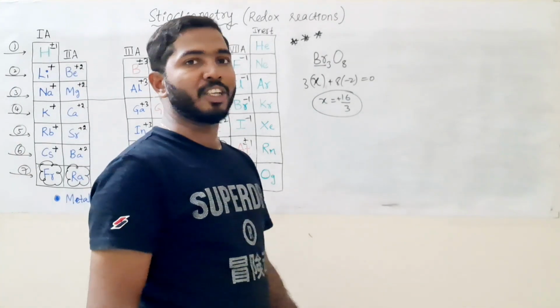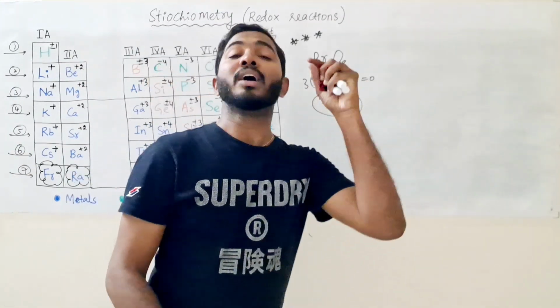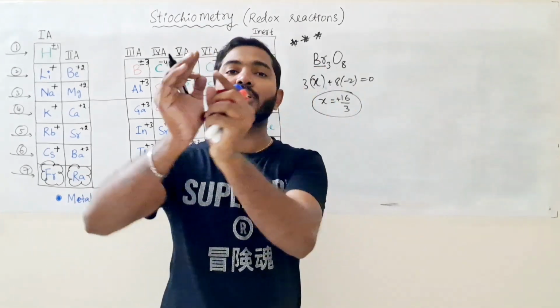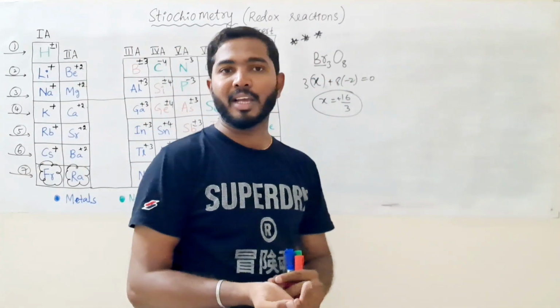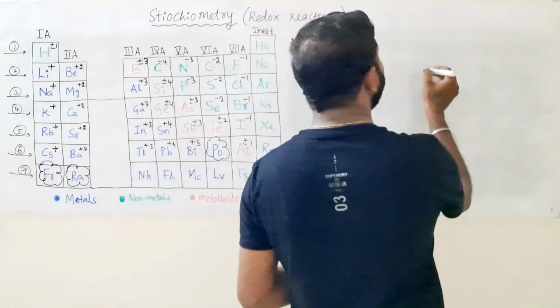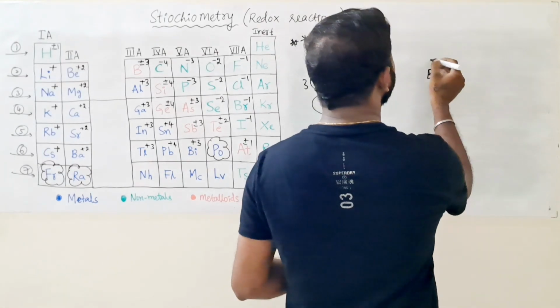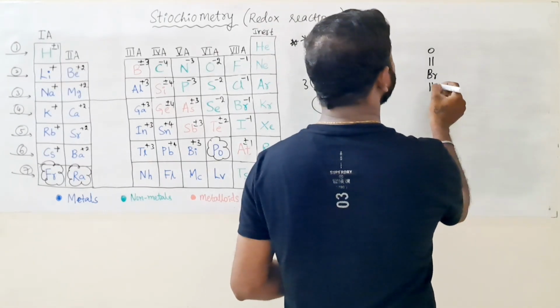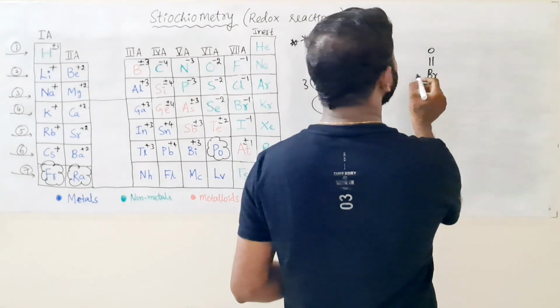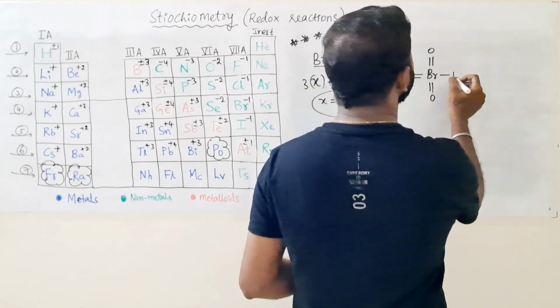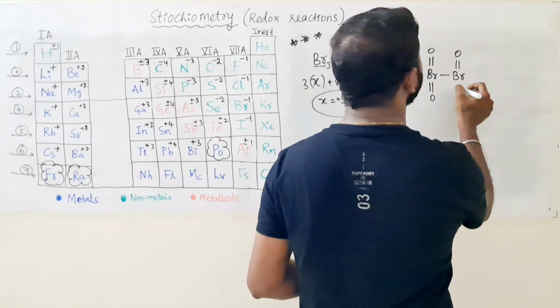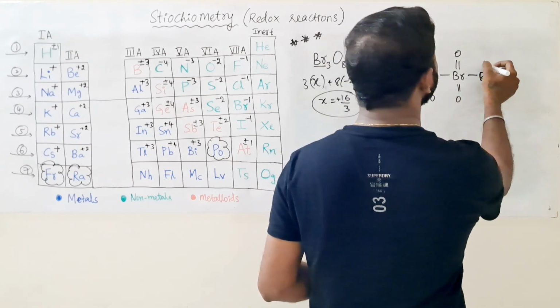Average oxidation number. But if we want the oxidation number for the 3 bromines separately, then we need to go with the diagram. So bromine is here, and then we have Br, and then Br, and bromine with a double bond O, and again bromine.